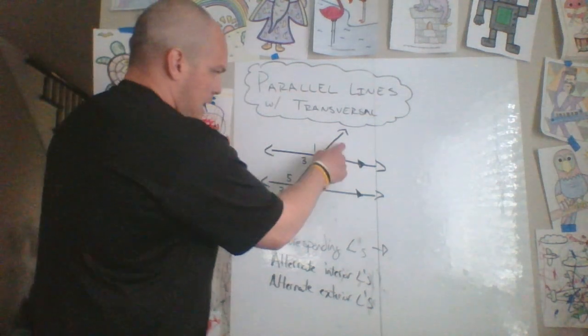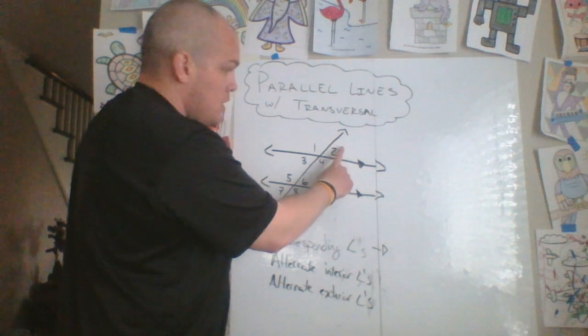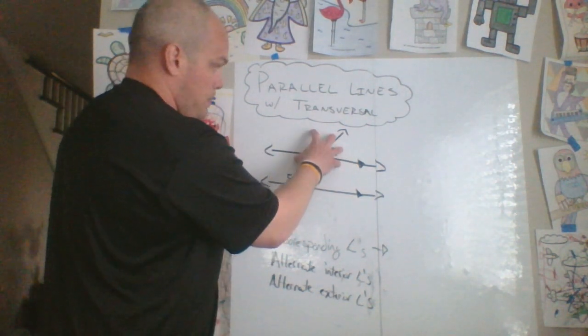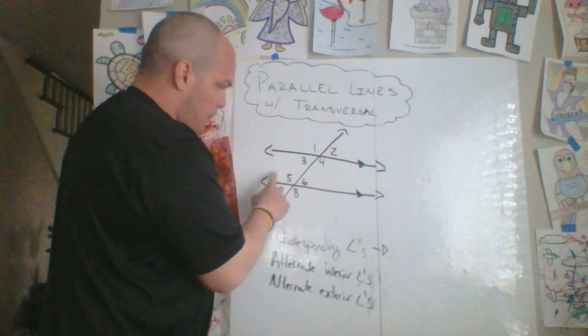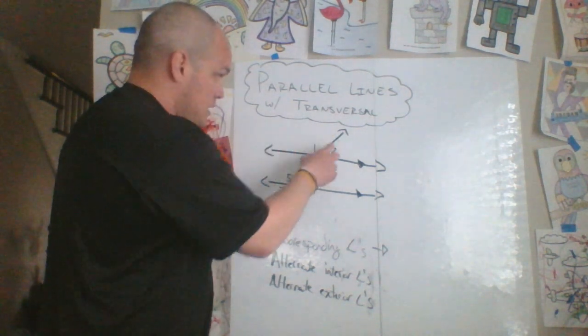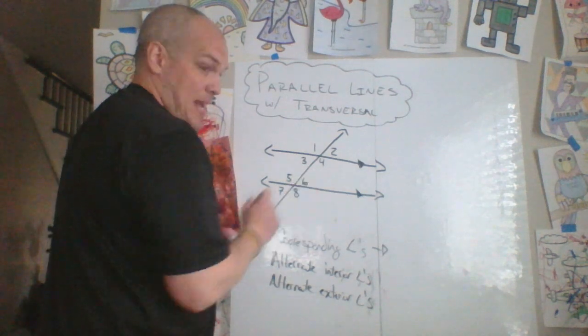So if we look at this angle group, 1, 2, 3, and 4, 2 is in the upper right-hand corner of this grouping. Down here, which number is in 2's spot? It's the upper right-hand corner. So in this angle grouping, the upper right-hand corner is angle 6.